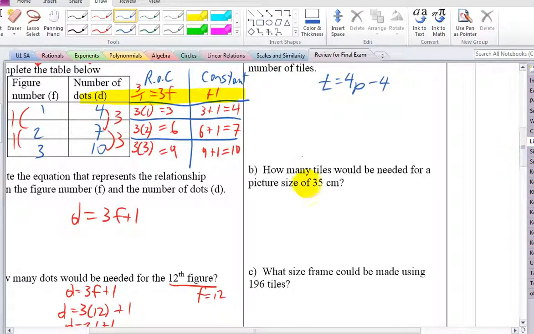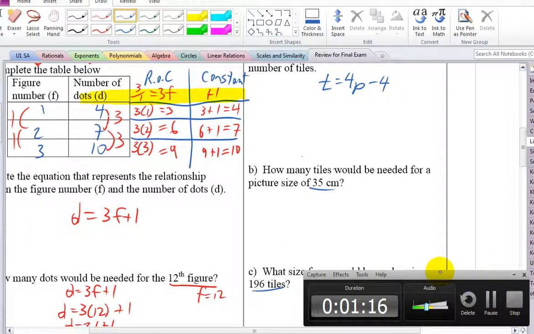So you're going to substitute in now with your numbers and find the other answer. Go.